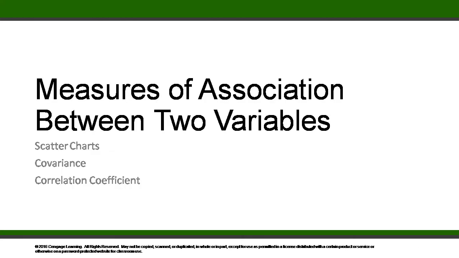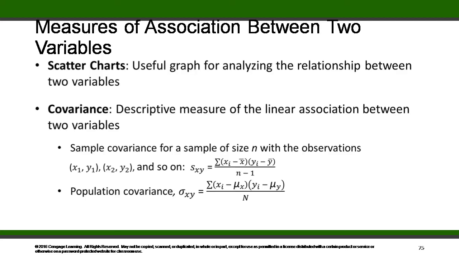Measures of association between two variables, including scatter charts, covariance, and correlation coefficient. The measures of association between two variables use scatter charts, which are a useful graph for analyzing the relationship between two variables. Covariance is a descriptive measure of the linear association between two variables.